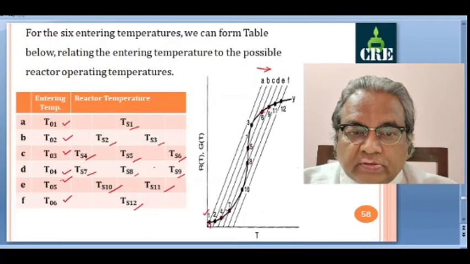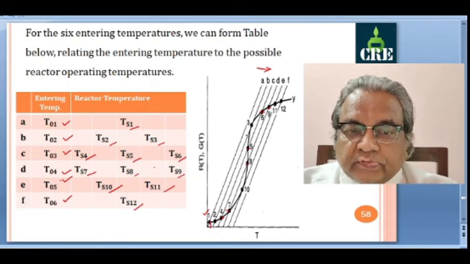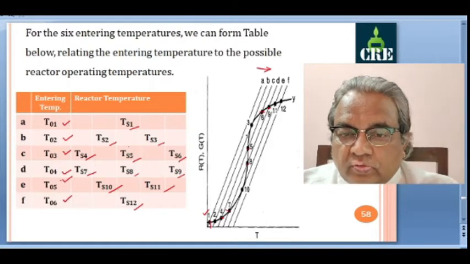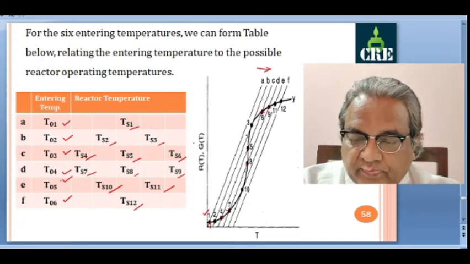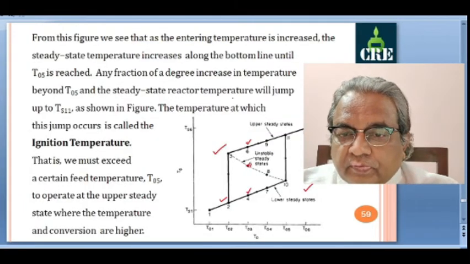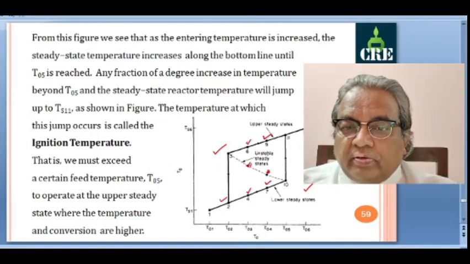Next transformation, for T04, you have again steady states 7, 8 and 9. Here you can see 7 is lower state, 9 is upper steady state and 8 is in between.